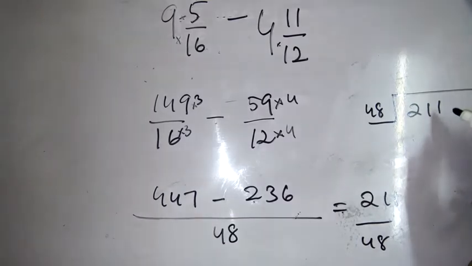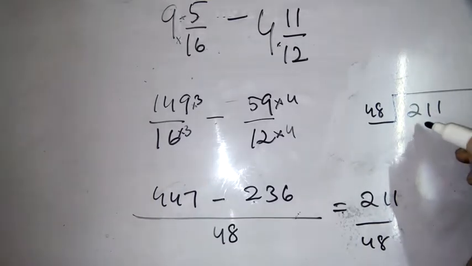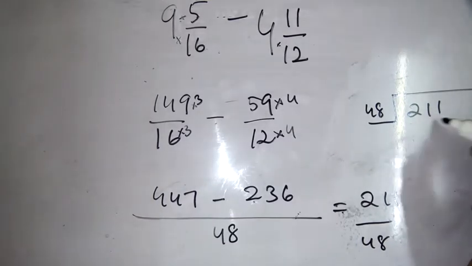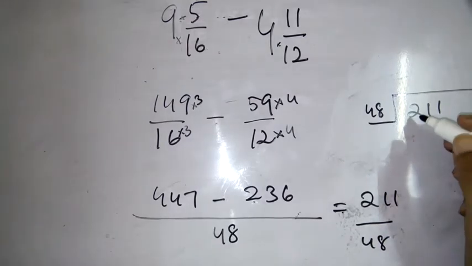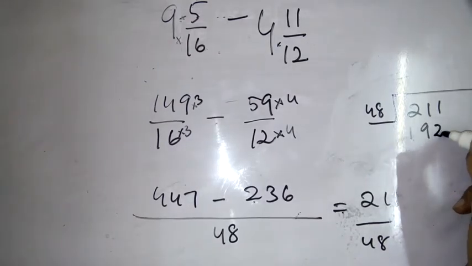So now we have to say what is the closest number to 211? 48 ones are 48, 48 twos are 96, 48 threes are 144, 48 fours are 192. So 192 is the closest we can get.